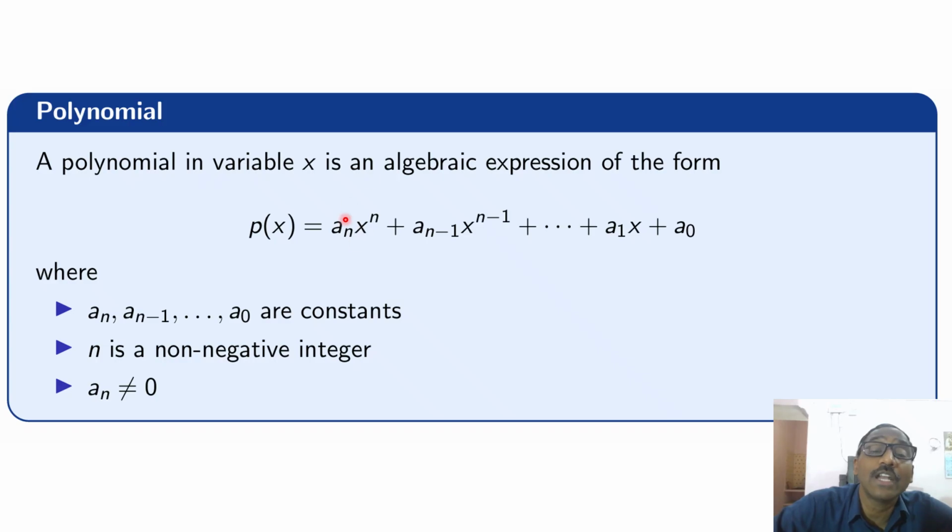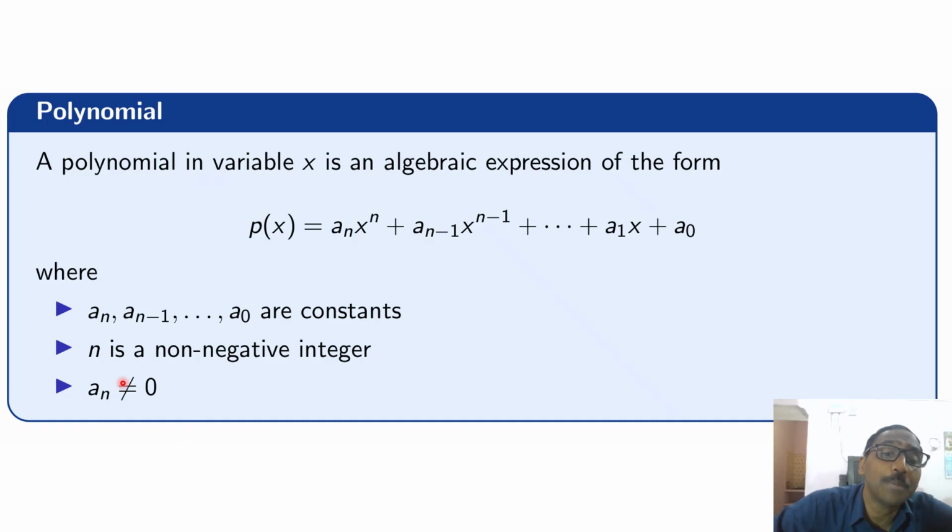So what is this n? Non-negative integer. That is, n may be any whole number, right? So n can take 0, 1, 2, 3 and so on. So n can take whole numbers. That means n is a non-negative integer.